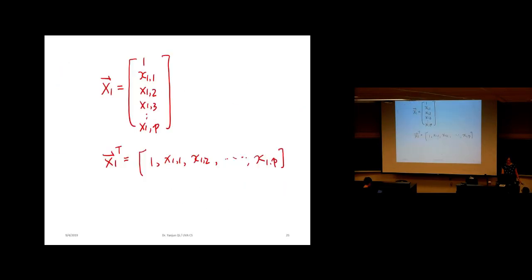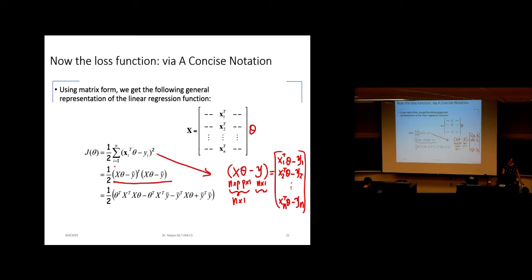Let's go back to this page. I'm going to reorganize this. You actually converted this for loop representation into the matrix representation. Then you just do, hopefully you remember how to do transposition, the transpose of x theta minus y, multiply it with x theta minus y, and that gives you this form.